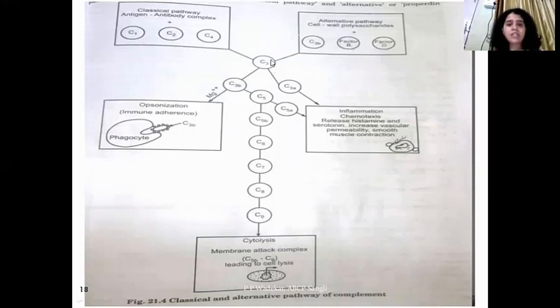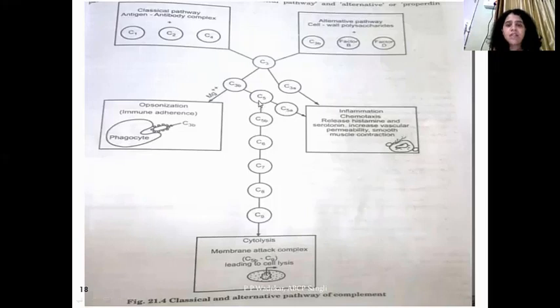They will all activate C3, and C3 will get converted into C3A and C3B. The C3B portion, in the presence of magnesium ions, will cause opsonization, and C3B will activate C5, which gets converted into C5A. C3A and C5A will be responsible for inflammation, chemotaxis, and release of histamine and serotonin. All the inflammatory responses will get activated with the help of C3A and C5A.